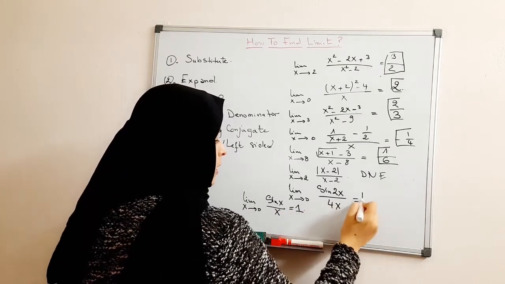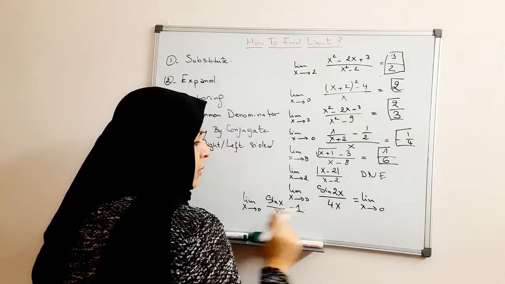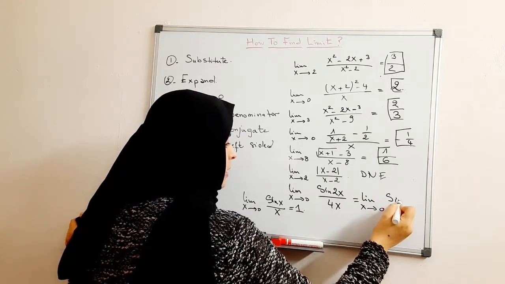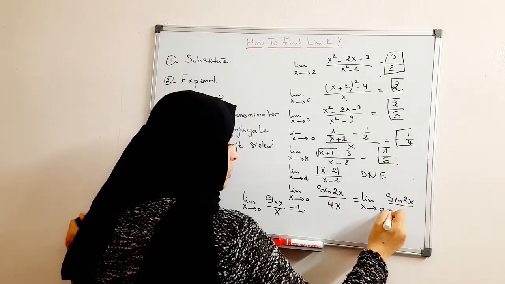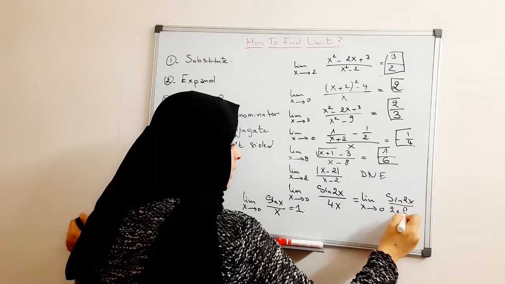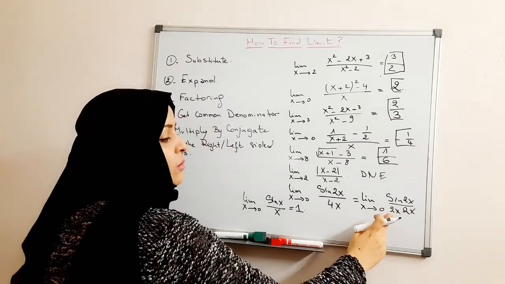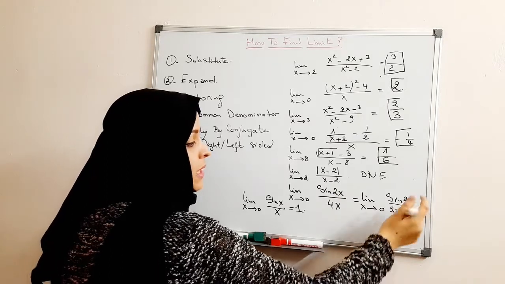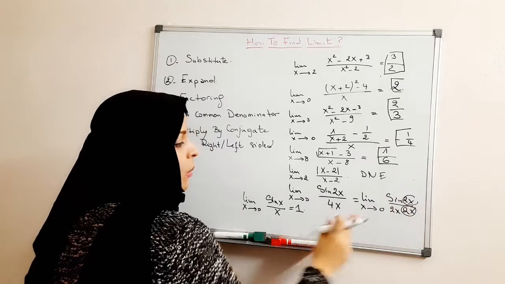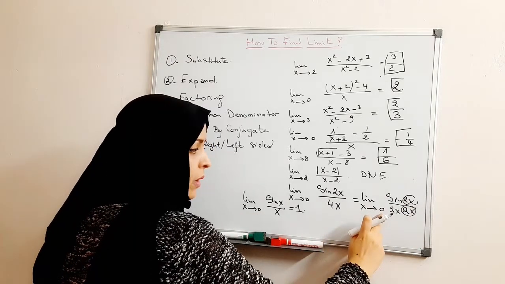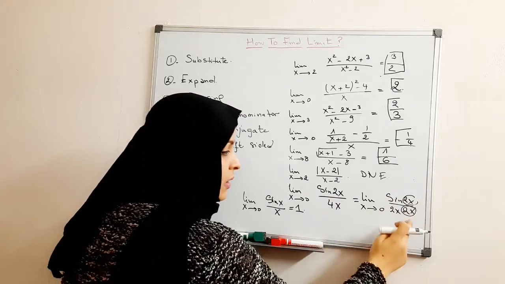So it's equal to the limit when x approaches 0 of sin 2x over 2 multiplied by 2x, right? 4x is 2 multiplied by 2x. So we have 2x here and 2x here. When x approaches 0, 2x also approaches 0.